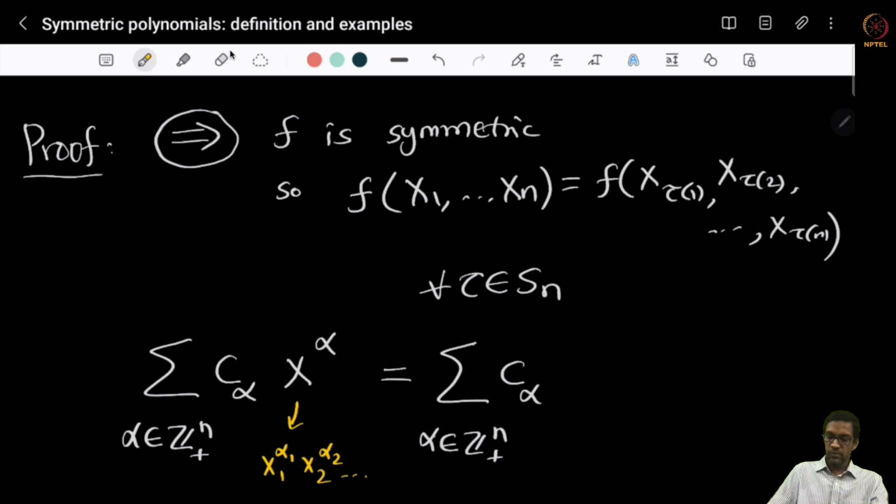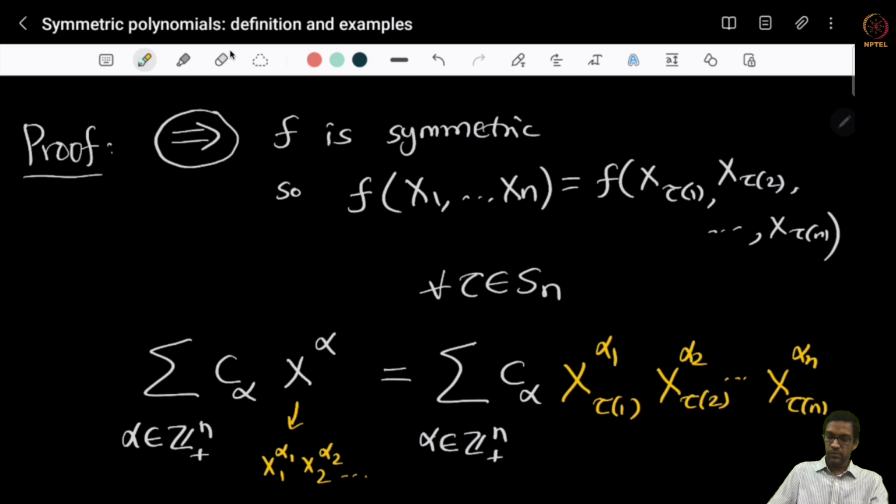Now I should permute my variables, right? So instead of x1, I write x tau 1. Instead of x2, I write x tau 2, up to x tau n. But I keep my powers fixed. It's alpha 1, alpha 2, alpha n. That's what it means to expand and permute the variables. Good. So that's an equality.